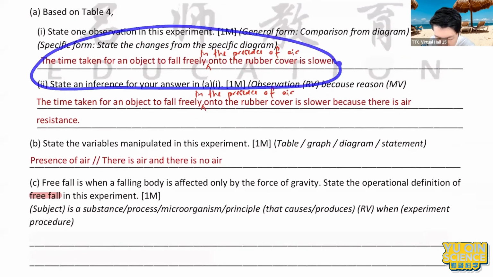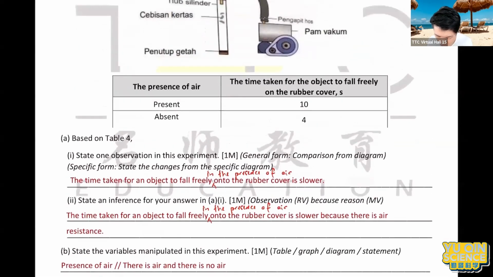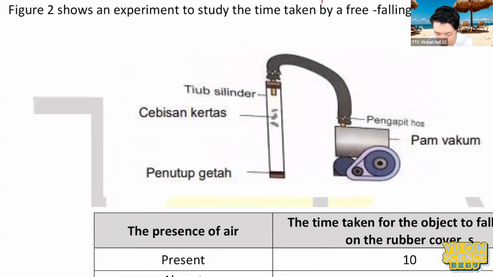I want to focus on this. Must choose a side, must say slower, faster, must choose a side to talk about it. And your experiment procedure is what? When air is pumped into the cylinder or when air is pumped out of the cylinder.